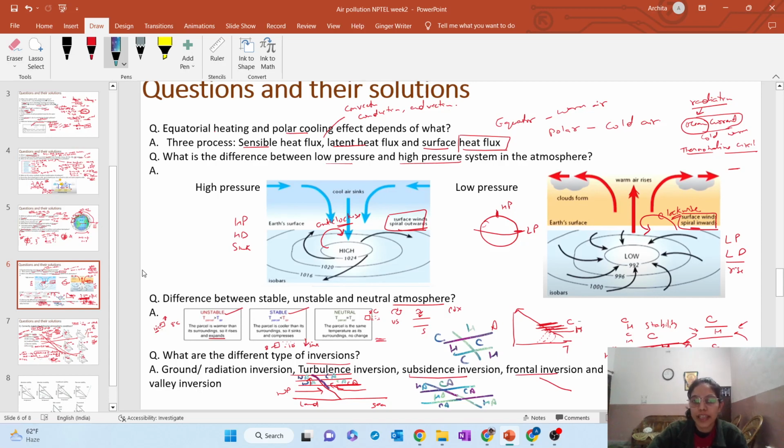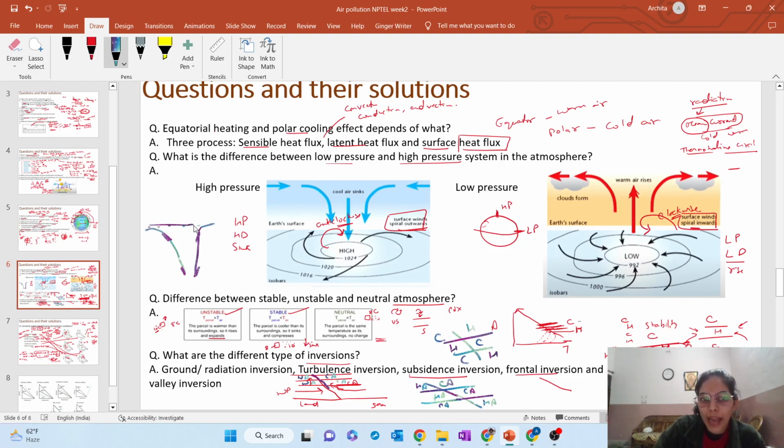And last is valley inversion. What valley inversion means is that because of sunlight, there is warming in the land, and the land near the top becomes warmer compared to land near the bottom of the valley. And above this there is nothing.